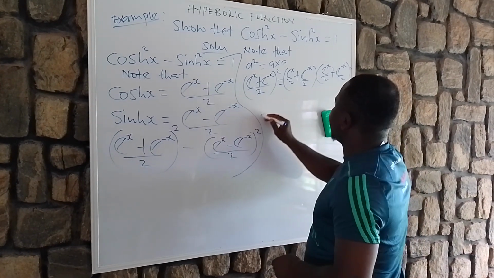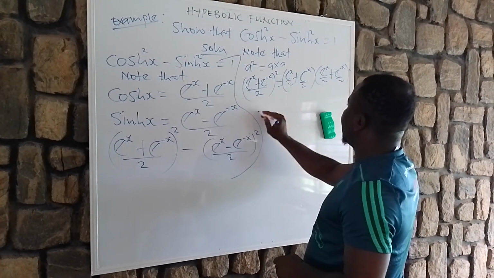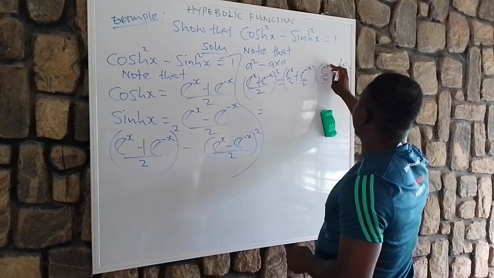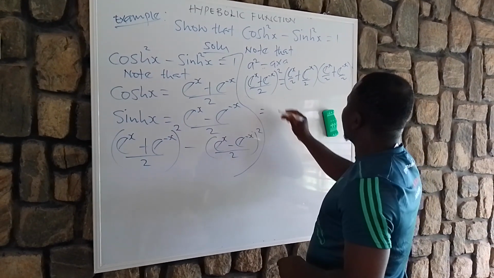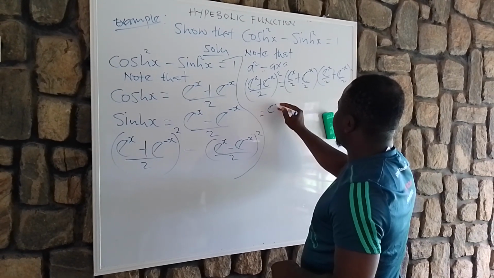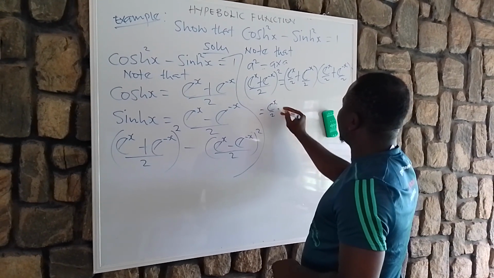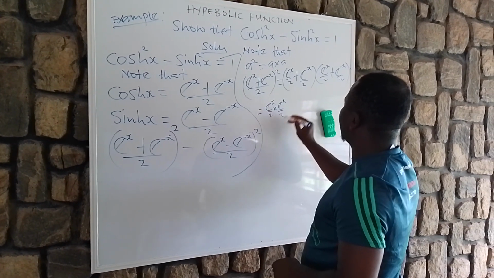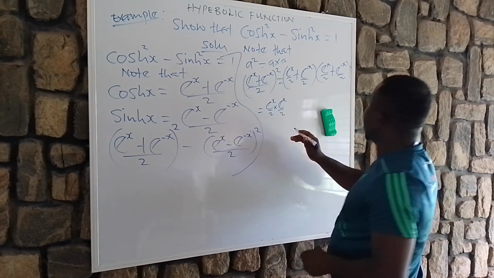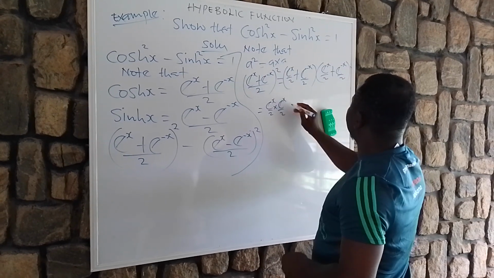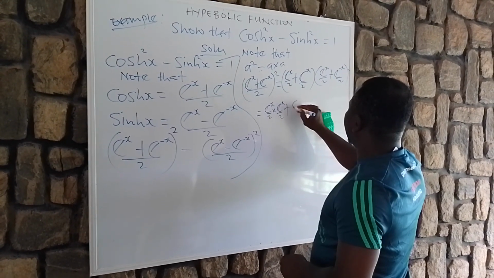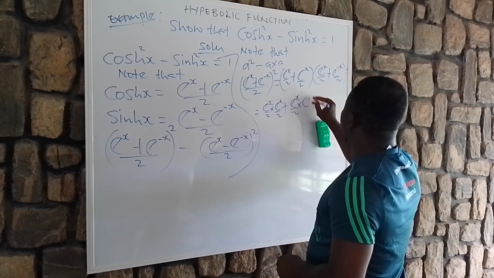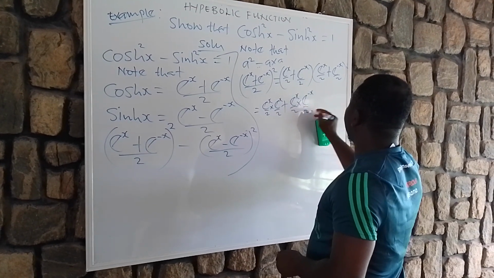let us multiply this bracket. This is going to give us e^(x/2) times e^(x/2). I'm doing this for the sake of clarity. This one multiplied by this, plus e^(x/2) times e^(-x/2).